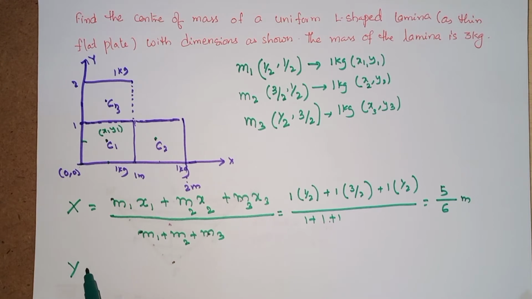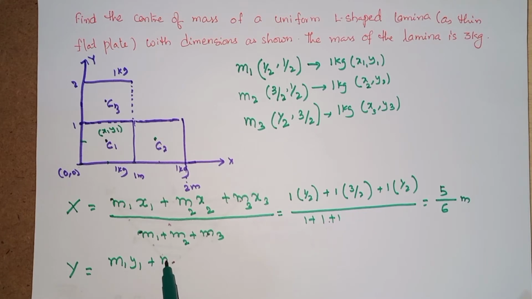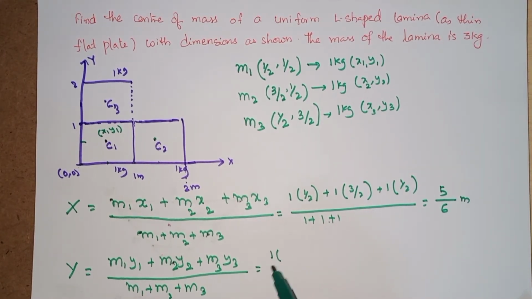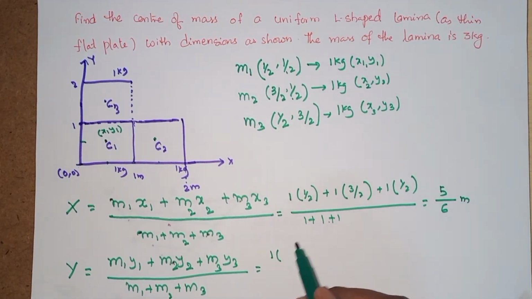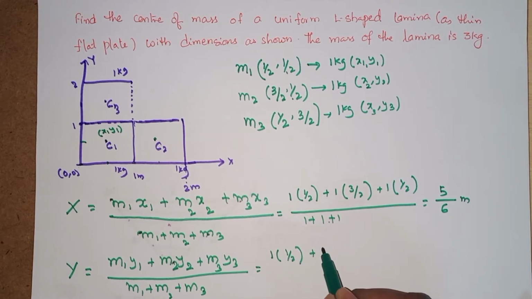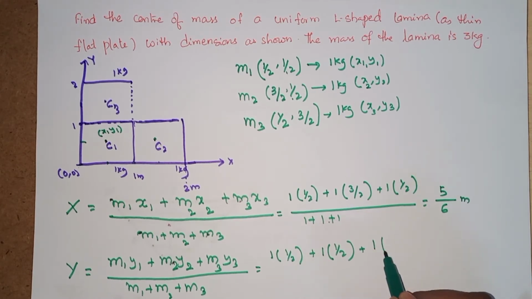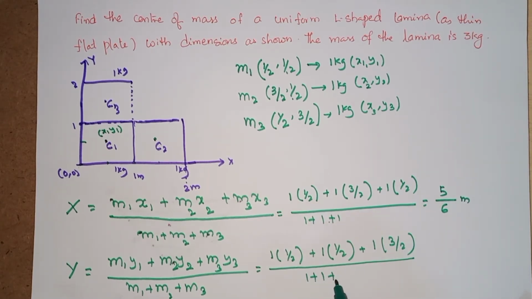Similarly, y center of mass is equal to M1 y1 plus M2 y2 plus M3 y3 by M1 plus M2 plus M3. M1 is 1, with y1 being 1/2, plus M2 with y2 being 1/2, plus M3 with y3 being 3/2, by 1 plus 1 plus 1.